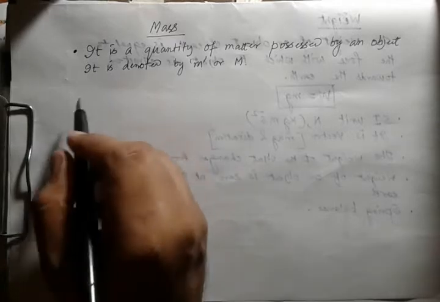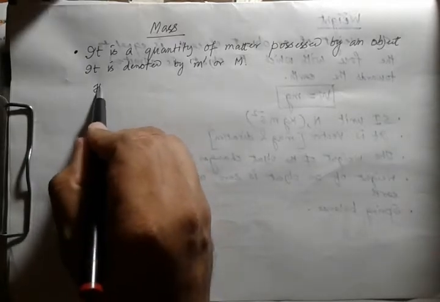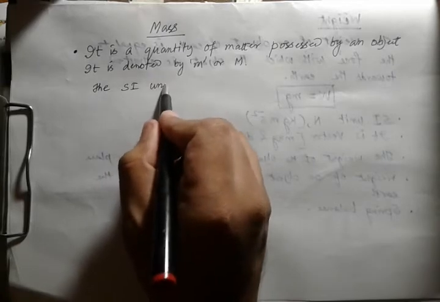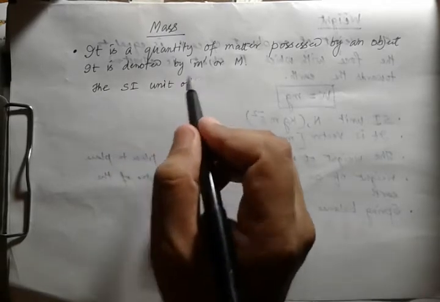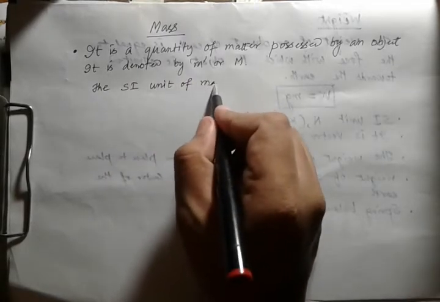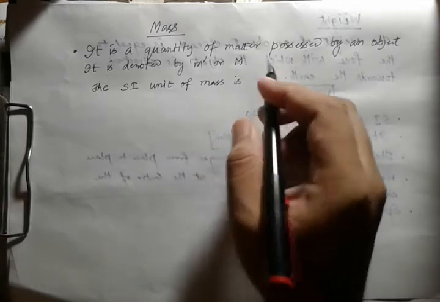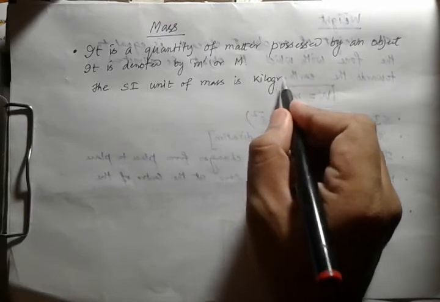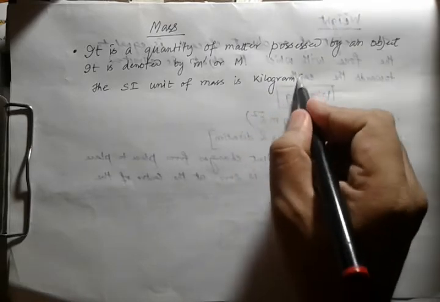Now, the SI unit of mass is kilogram, short for kg.